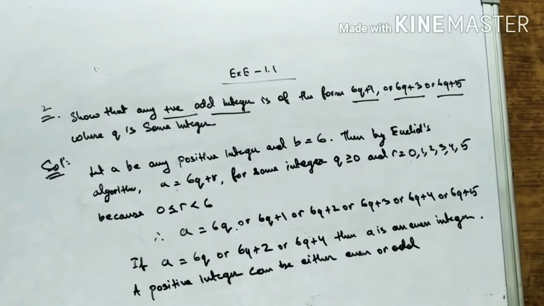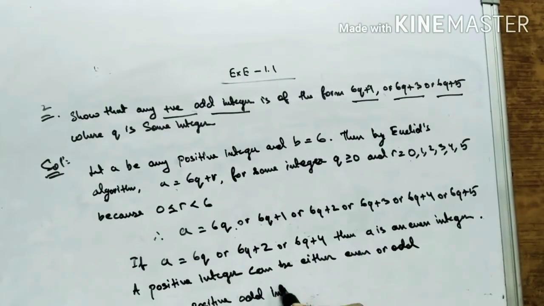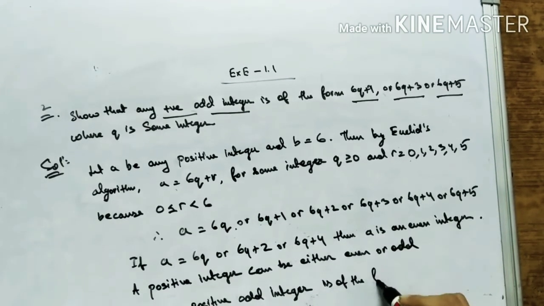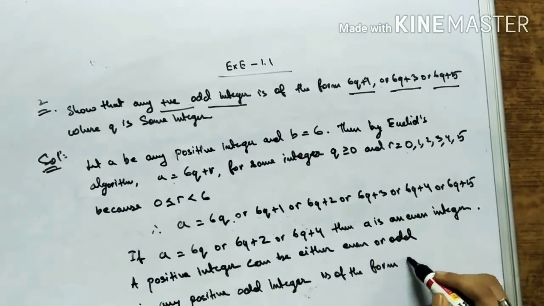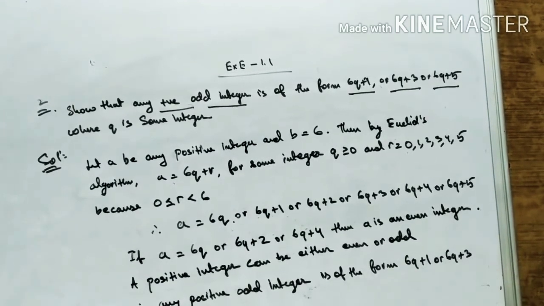Therefore I can say that any positive odd integer is of the form 6q plus 1, or 6q plus 3, or 6q plus 5.